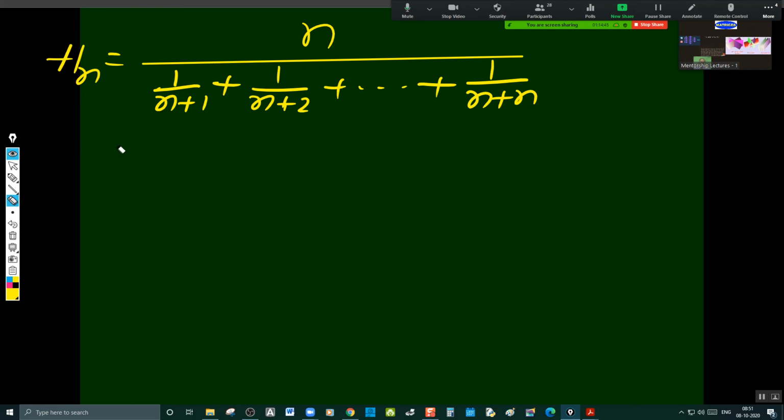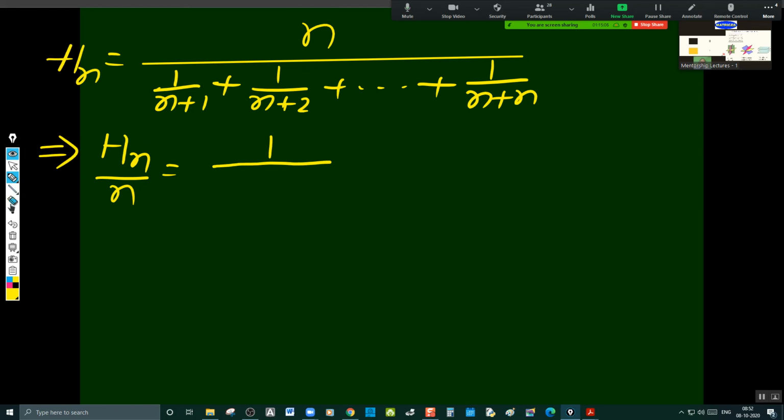Okay, now bring that n to the other side because we need it. Bring that n to the other side. Hn upon n is equal to, write it like this, 1 upon sigma, and whatever is changing, you make it r.